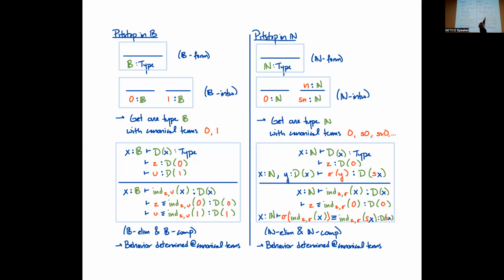So the rule tells us that if we have such a proposition about every natural number, and we have a proof that it's true at 0, and for every natural number x, and every proof that the proposition is true at x, if we have some operation, let's say sigma, that turns that proof that the proposition is true at x into a proof that the proposition is true at the successor of x, then we can put all that together and get a proof that the proposition is true at any x in the natural numbers.